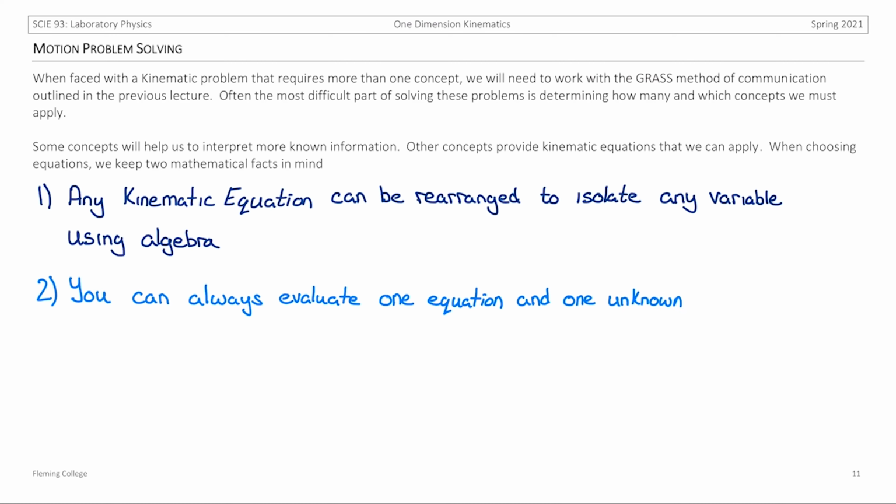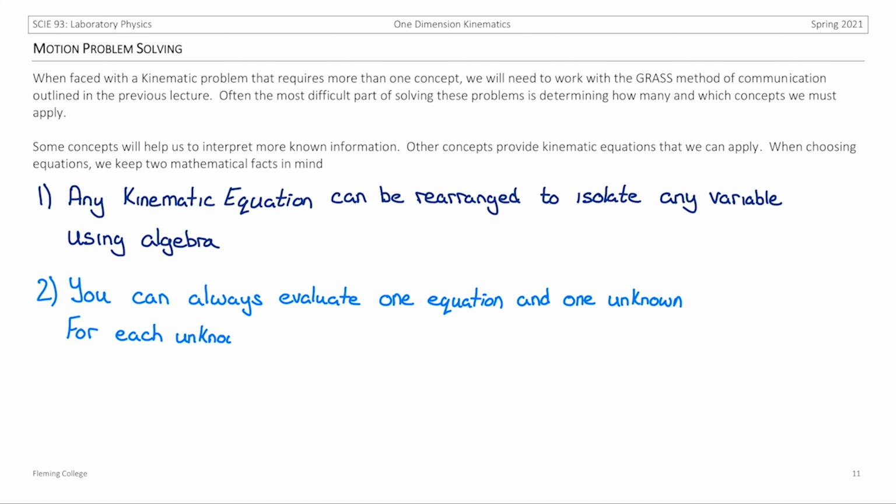So when you're trying to select which equation to use from our kinematic equations, you're considering the information you have and the information you want, and you're trying to find one of the kinematic equations or a combination of kinematic equations where the only unknown value is the one you're after. When looking at an equation, for each unknown, we need one equation.